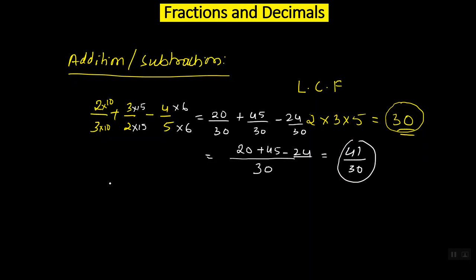Got it? Now let's see another operation related to fractions, that is multiplication. Multiplication is the simplest. Let's take 2/3 multiplied by 9 by 12 as an example. Most students multiply 2 times 9, then 3 times 12, and then further simplify.